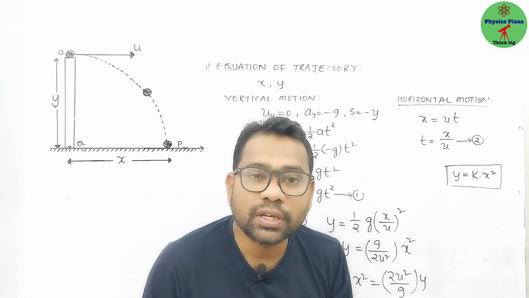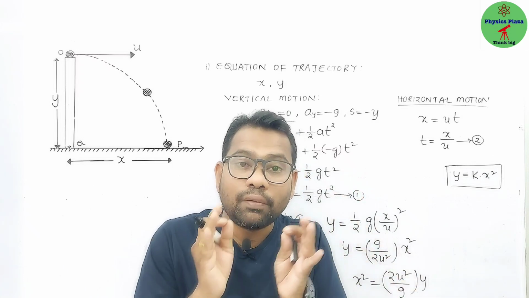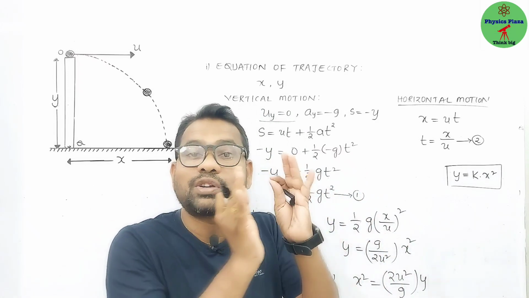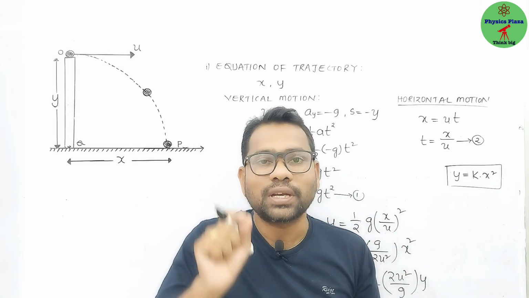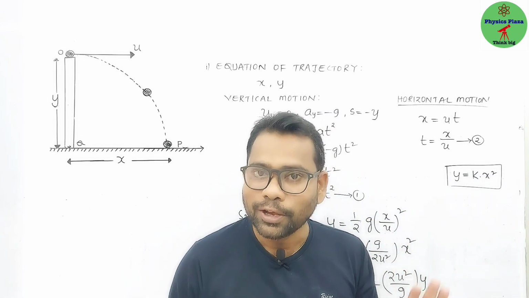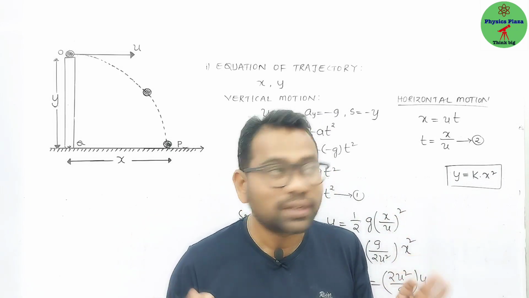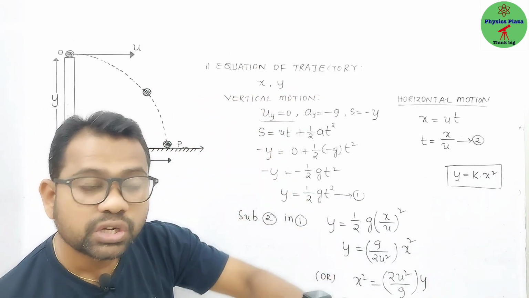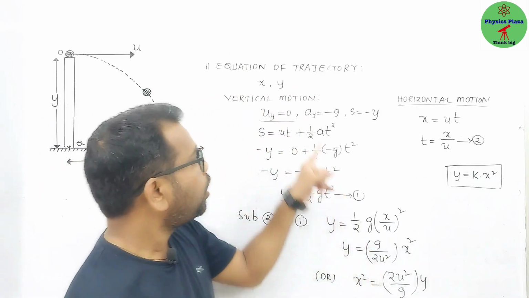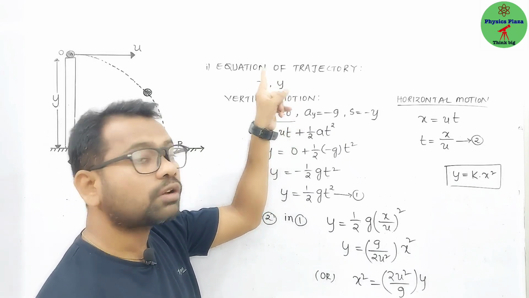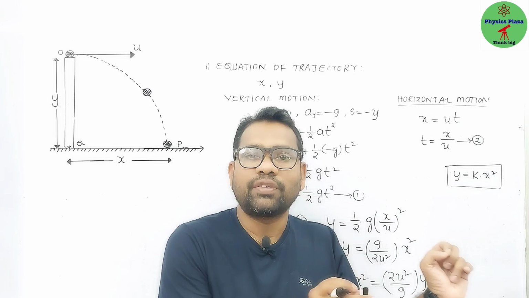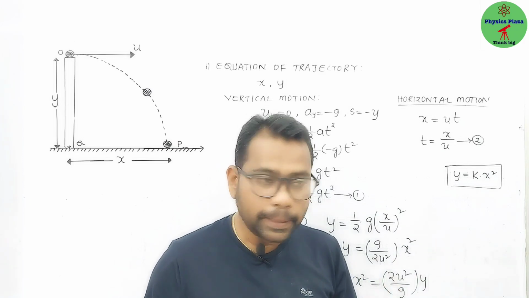Which means the trajectory of a projectile is a parabola. That is what we proved. Is the point clear? Children, what is the equation of trajectory? The equation which gives the relation between the horizontal distance and the vertical distance covered by the projectile is called the equation of trajectory. Clear?